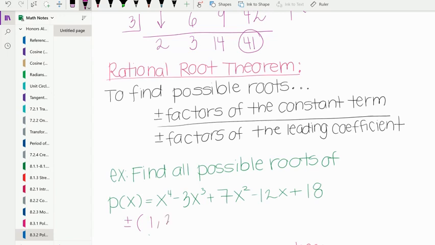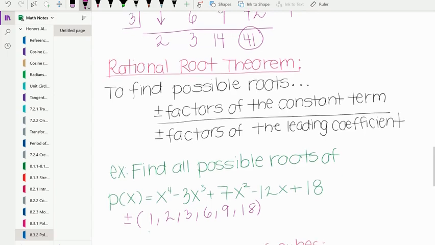That would be 1, 2, 3, 6, 9, and 18. And we would divide by plus or minus the factors of the leading coefficient, which happens to be 1, so it doesn't affect this. So those are all possible x-intercepts, and I would then have to test them by plugging them in, and we're going to get to that in the next section.